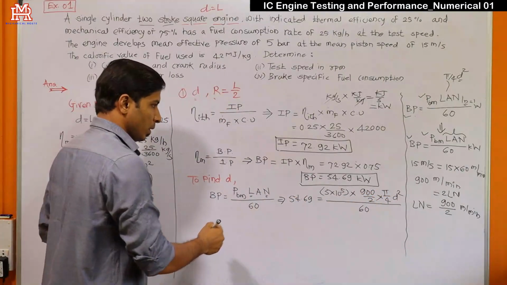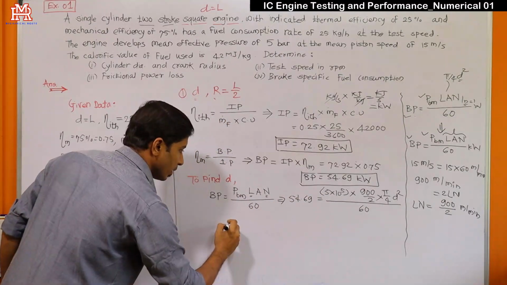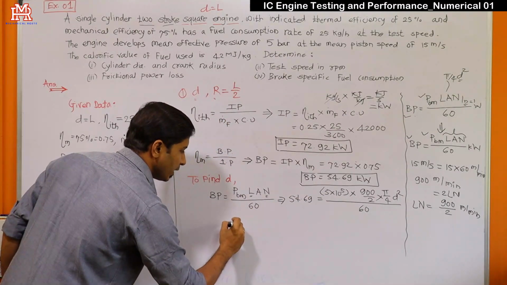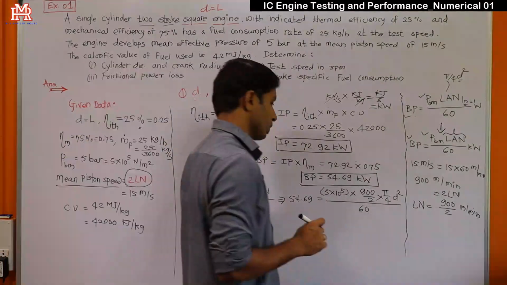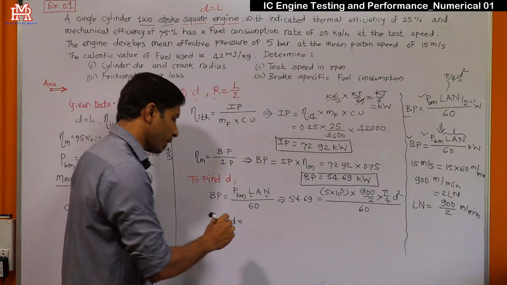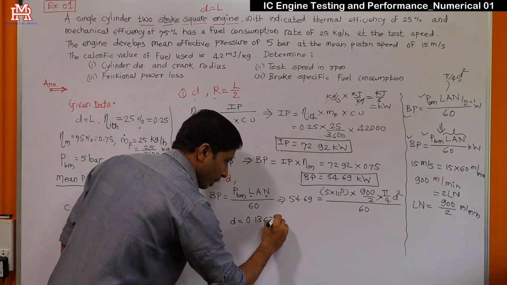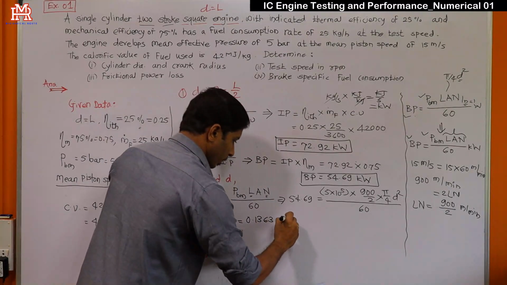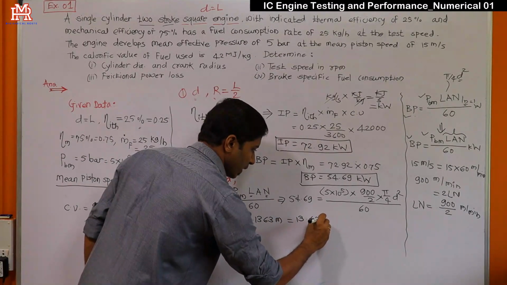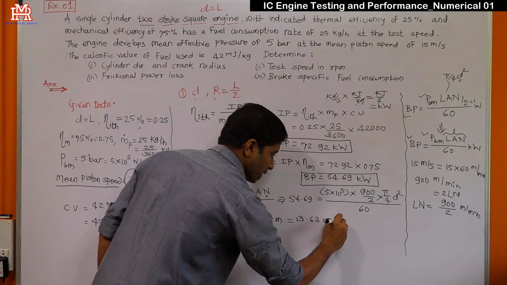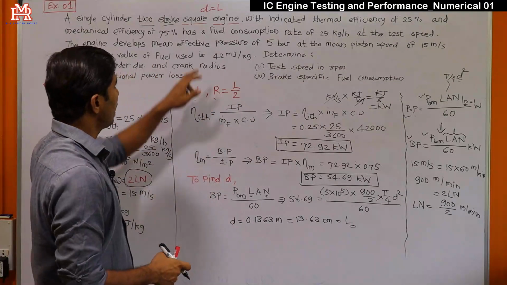So from these equations, by calculating these terms, we will be getting the value for the diameter of the cylinder. So the answer is 0.1363 meter, which we can write in centimeter as well, 13.63 centimeter, which is equal to L. This is the square engine that we have discussed here.